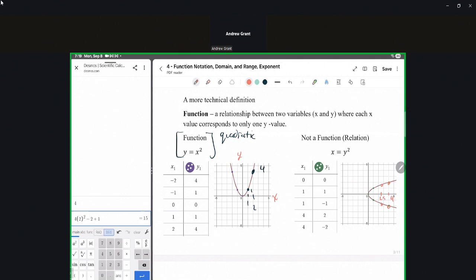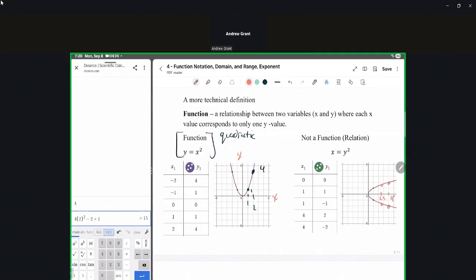This is what we call a relation. All functions are relations, but not all relations are functions. This particular relation is actually just a tipped over quadratic, so it has what we call quadratic structure. And so that is not a function.